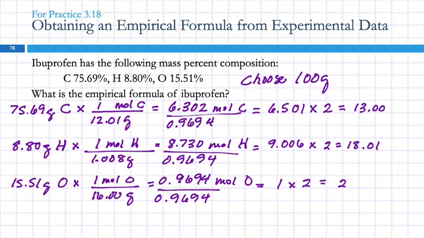So here I did not get a whole number, so I multiplied them all by 2. That works because this is 6.5. If this was 6.75, I'd need to multiply by 4 to get the whole number. So these then are the subscripts for the empirical formula.